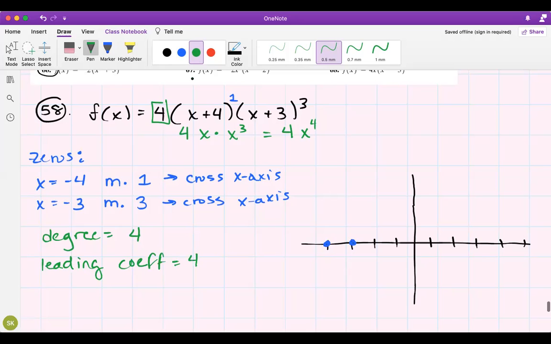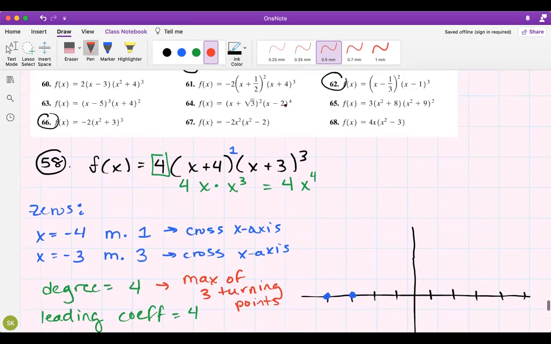Okay, since the degree is 4, that tells us that we can have a max of 3 turning points. So we're going to make some turns in our graph, but the maximum number of turns we can make is 3.